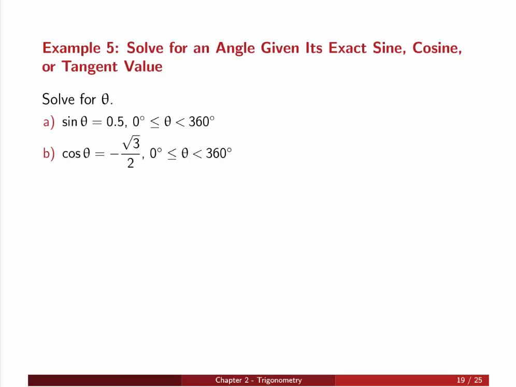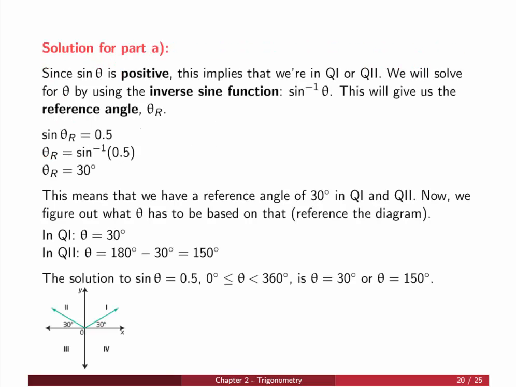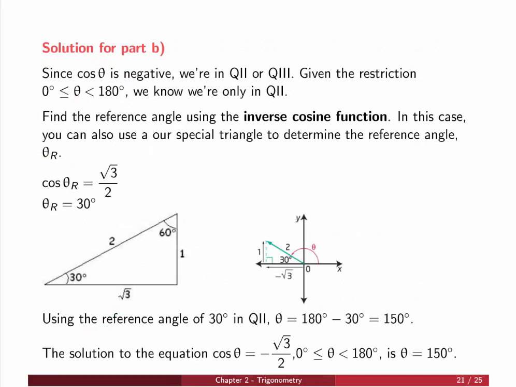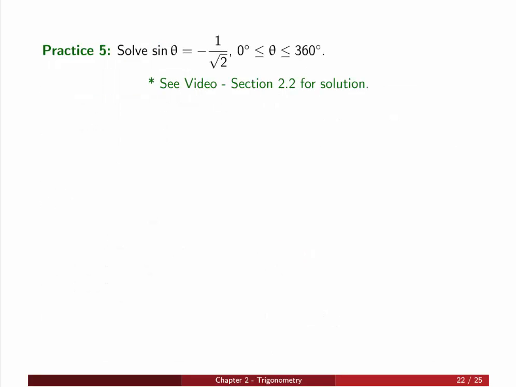So, example 5 says solve for an angle given its exact sine, cosine, or tangent value. You can take a look at the example with the complete solutions. I'm going to take a look at the practice problem. Solve sine theta = -1 over root 2 between 0 and 360 degrees.